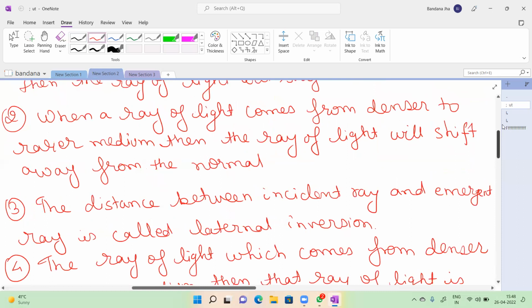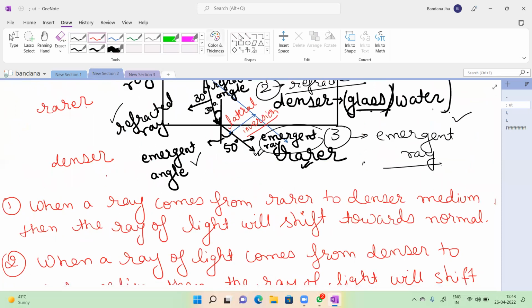Right now, my angle is 50 degrees. Now, suppose my angle has become like this. It means this is totally perpendicular to my normal. Then this 90 degrees is known as what? Your critical angle. Understood?